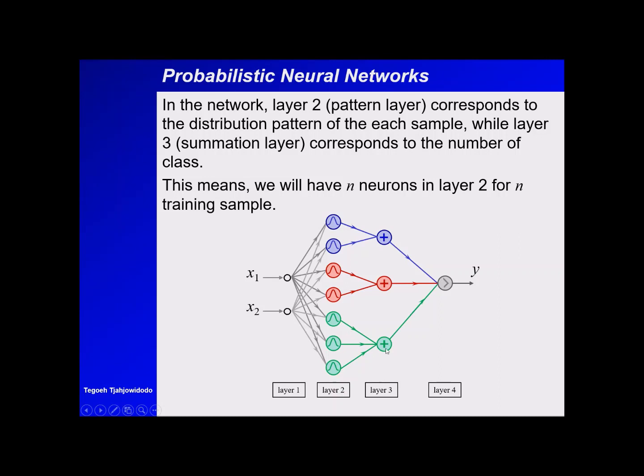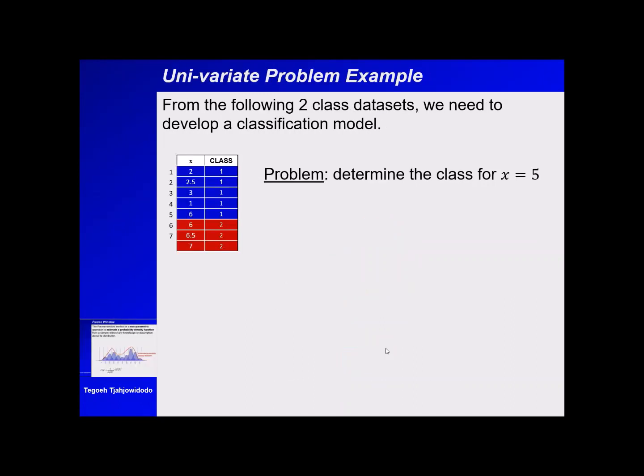Okay, let's talk a bit more in detail with some examples for illustration later. Let's take a look at this example. This is a very simple example actually. So I have one input to classify.